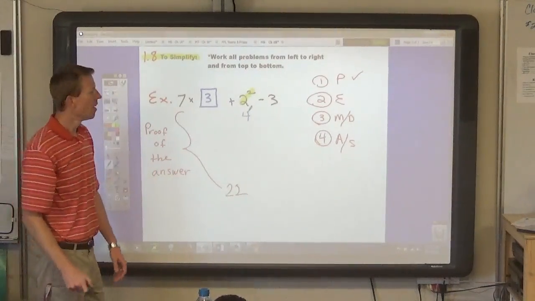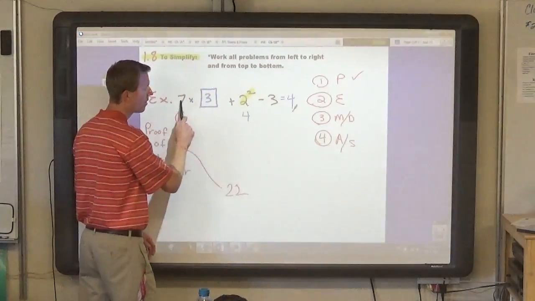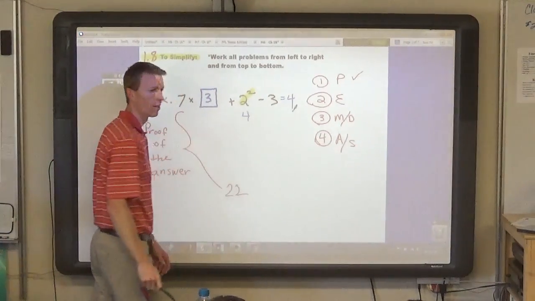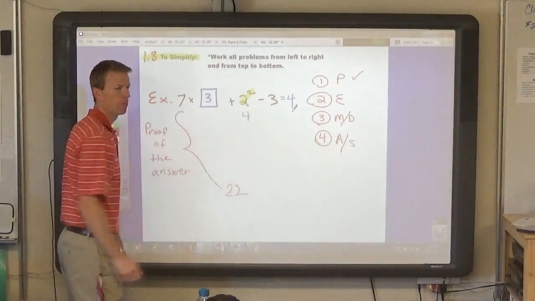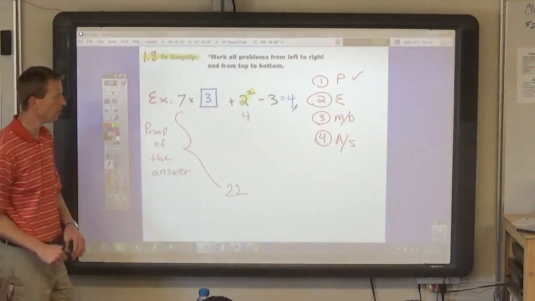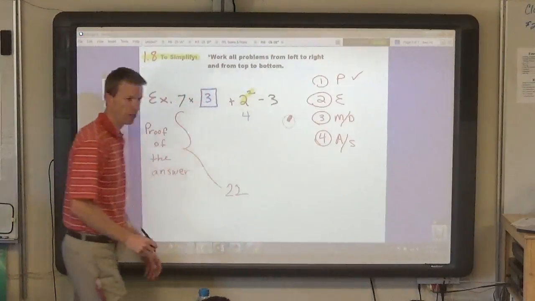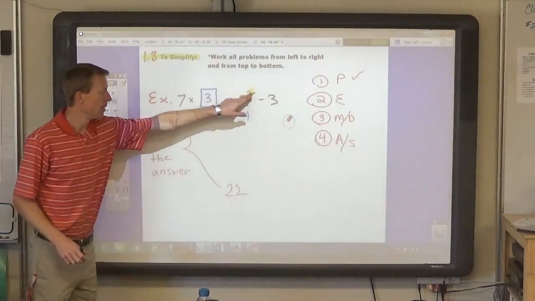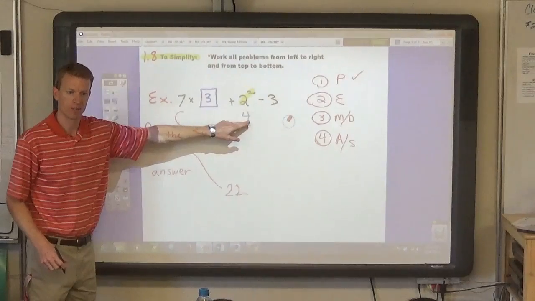If you wrote it over here, it might look like the answer to all of this is 4. By writing it underneath, it's an easier way of keeping track of what you've done and what you still have left to do. So, write the answer underneath the problem that you're doing. We simplified 2 to the second power is 4.